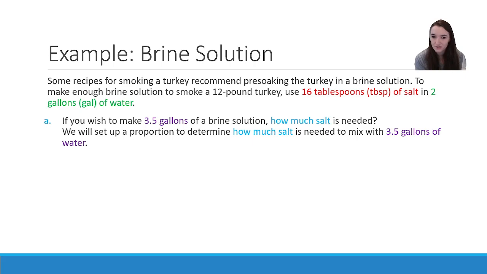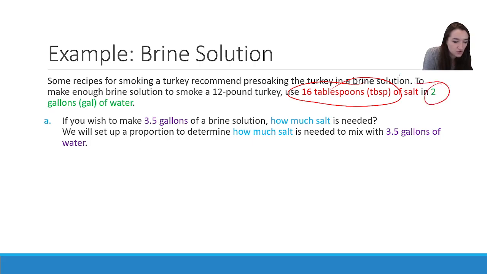What do we know, what do we need, right? So we're looking at 3.5 gallons of brine solution as our goal, and we want to know how much salt. In the original, I've sort of highlighted this information already, we have 16 tablespoons of salt versus 2 gallons of water.